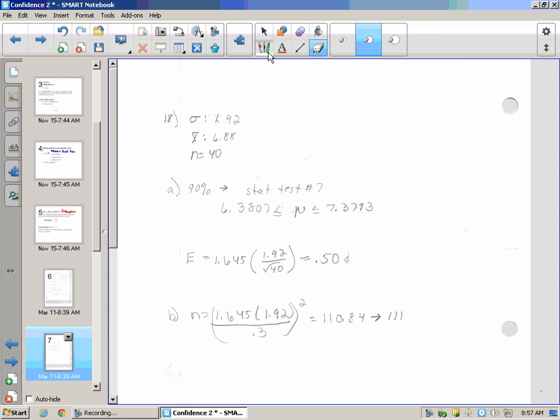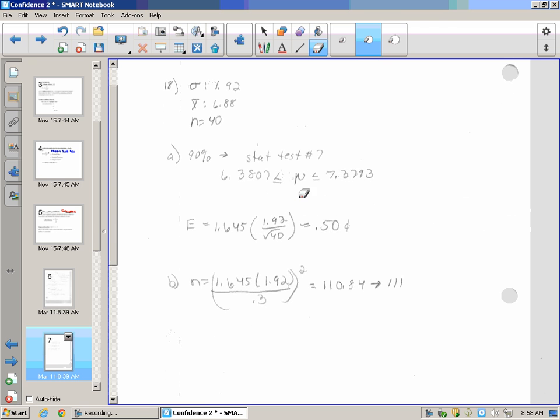I would definitely use the dollar signs, which is a little difficult to do when I'm here at the computer. So when we do the 90% confidence interval, we get 6.3807 is less than or equal to the mean, which is less than or equal to 7.3793. The E is 50 cents, and then the sample size is 111.